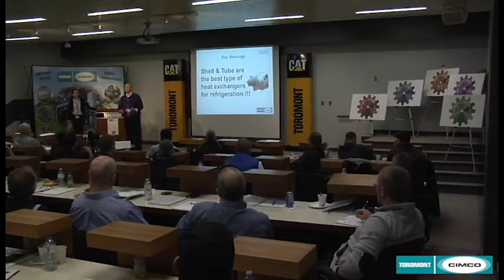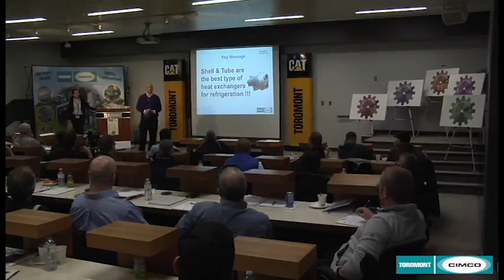Even in our code, CSA B51 talks about heat exchanger being greater than 6-inch diameter before it becomes a pressure vessel. So in our heat exchanger world, I want to challenge your paradigm a little bit about heat exchangers and shell and tube heat exchangers.